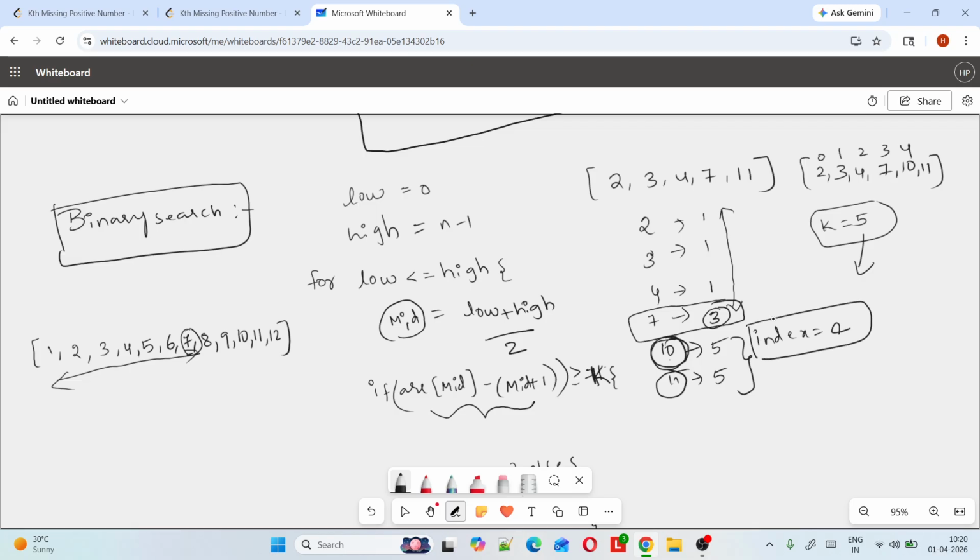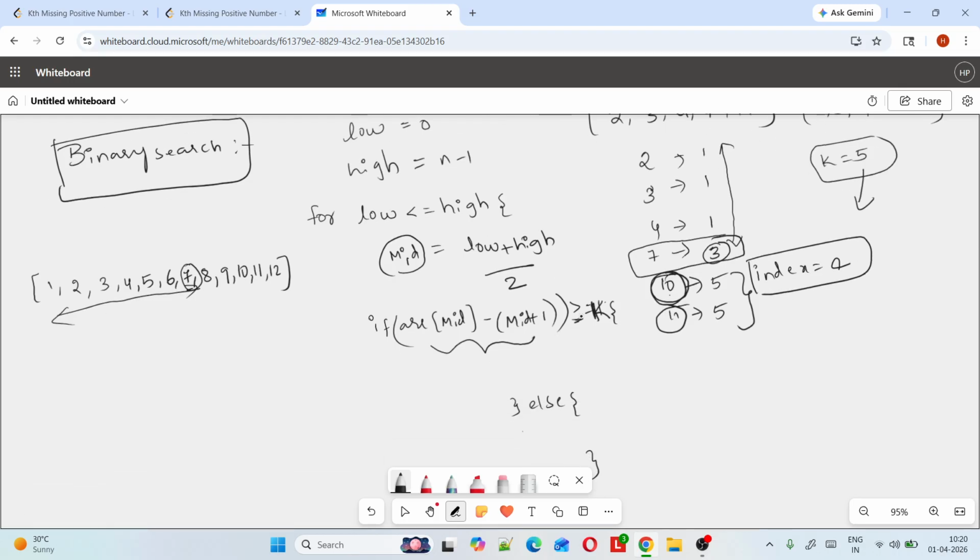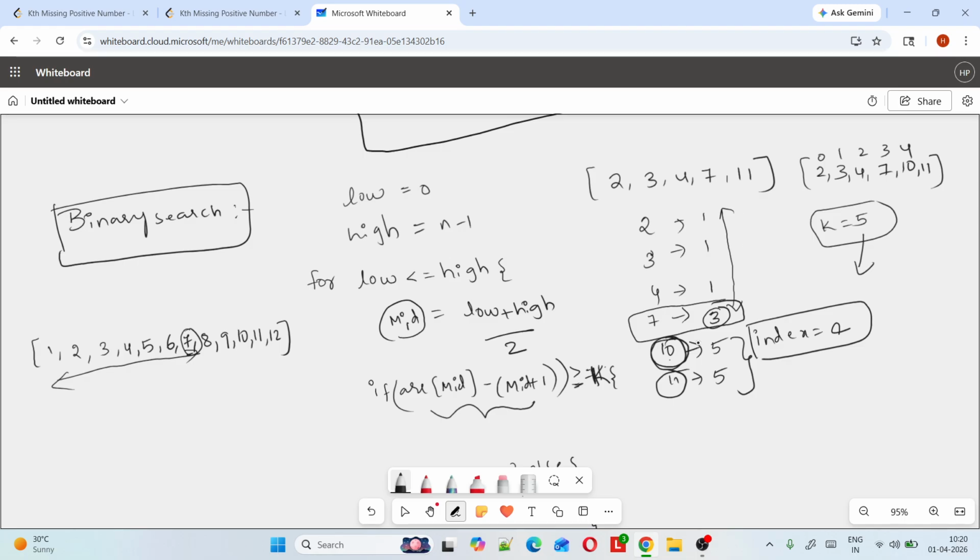You have to find the first index where our missing numbers are greater than or equal to k. For suppose we got the mid as 5, index 5, which means 11.